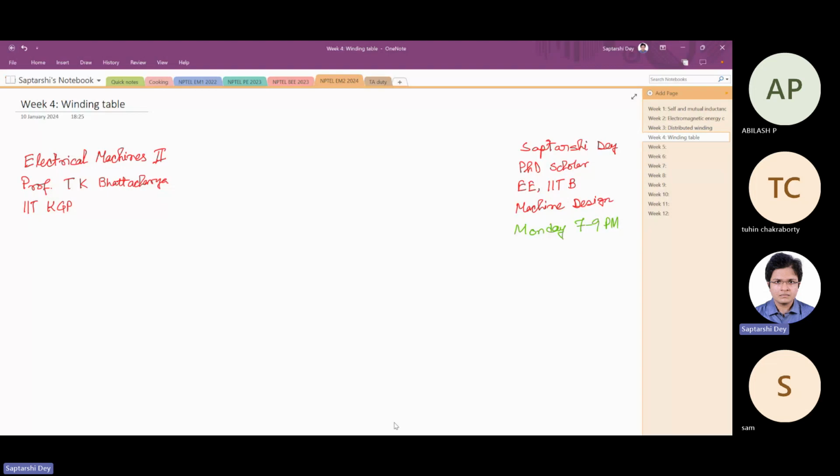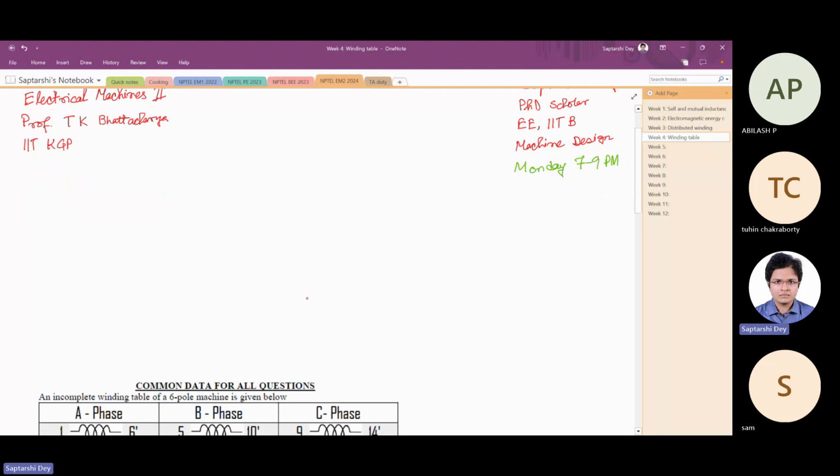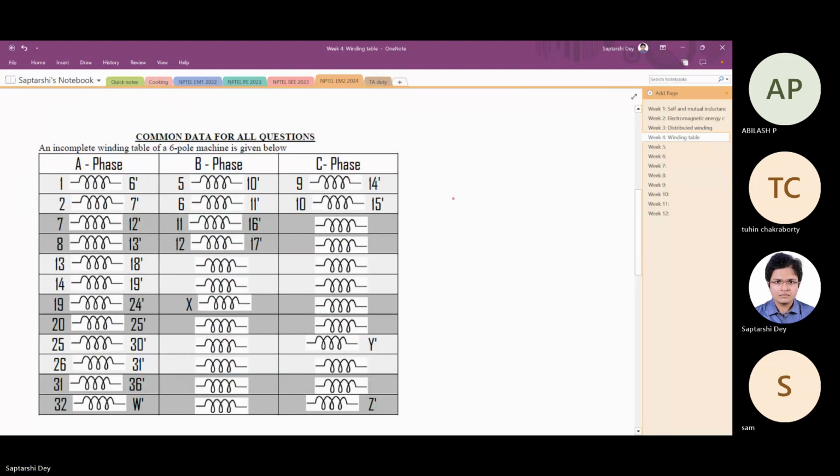Mostly we studied EMF generation in distributed winding and various factors, distribution factor, pitch factors in distributed winding that affect the voltage generation. In this class today, we will mostly focus on this thing.